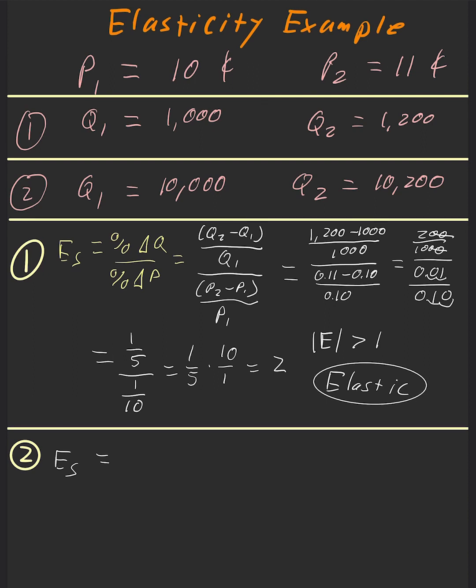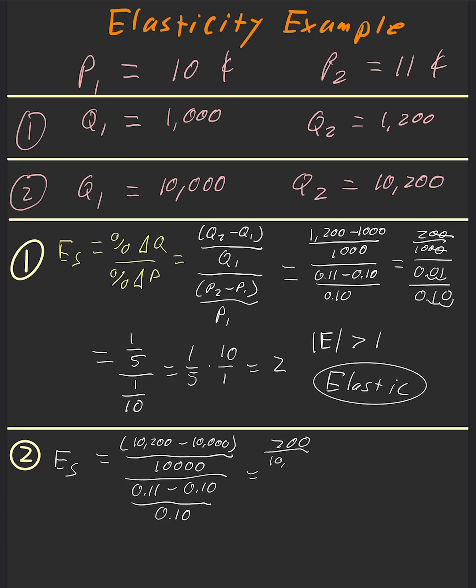I won't reproduce the formula since now you've seen it and you're comfortable with it. What if it's 10,200 minus 10,000 over 10,000, and then it's the same price numbers here. So now we've got 200 again, but it's over 10,000. And we've got the same numbers here, 0.01 over 0.1.